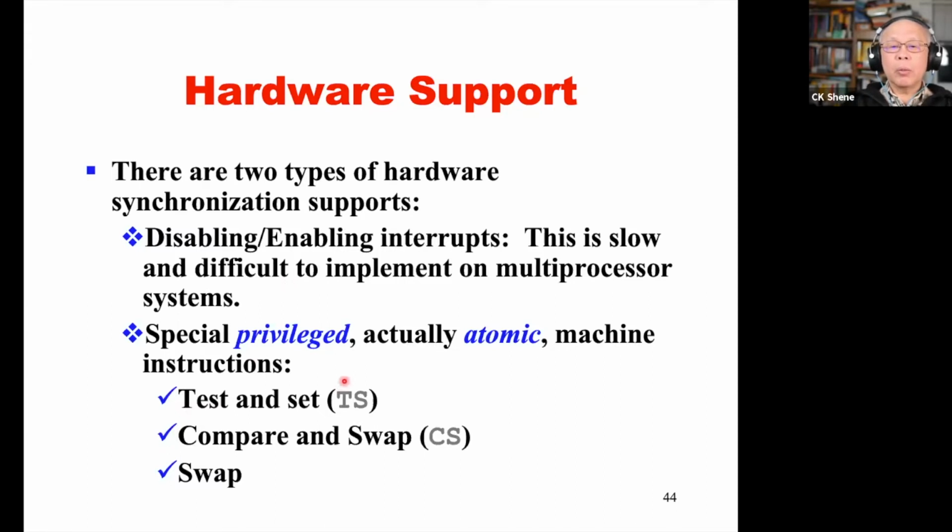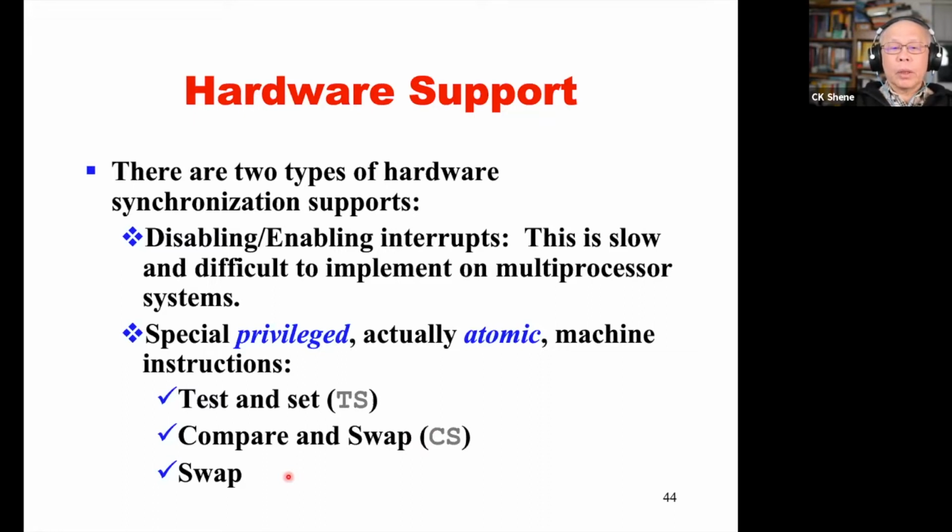The second one is some special privileged, actually atomic machine instructions. When we talked about a review of operating system and hardware, we mentioned the compare and swap instruction. But the earliest one is probably the test and set instruction, TS. And there are some other forms such as swap.